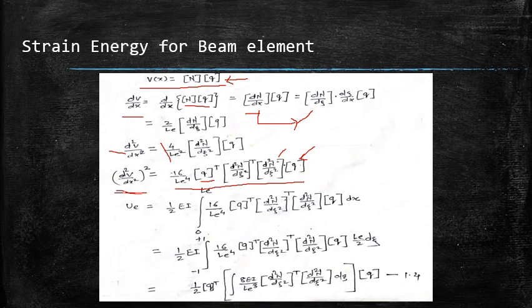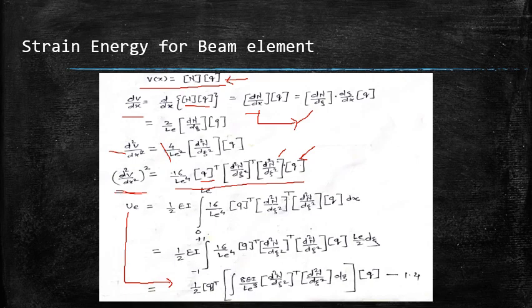So substituting this value of d2v by dx square in our strain energy term and further simplifying it, we can see that the strain energy term finally becomes Ue, that is the elemental strain energy. Remember, we are considering strain energy for one single element, so it becomes half q transpose, in brackets this term, into q.